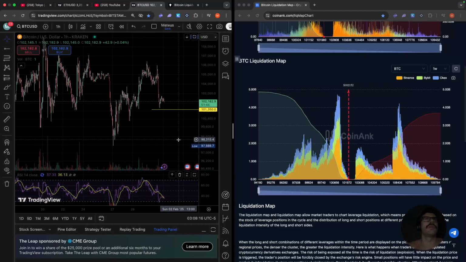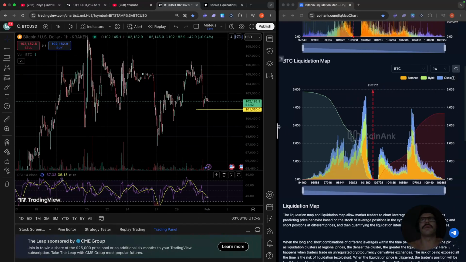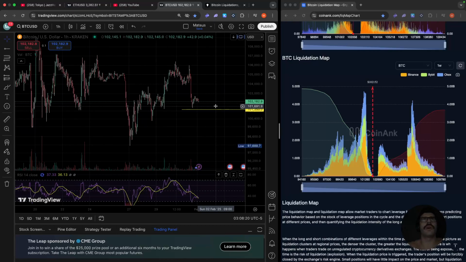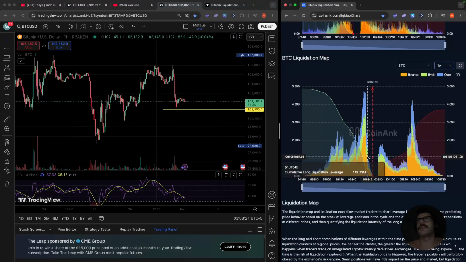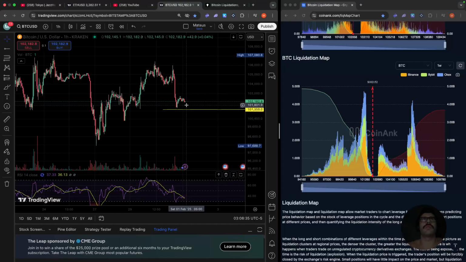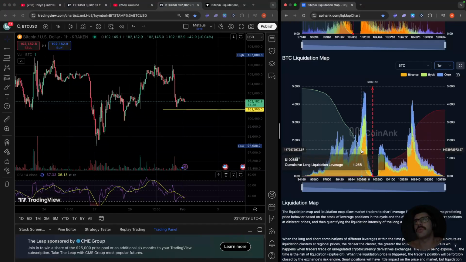And what can happen is, if the price touches this line, automatically all of these people that are long, the exchange is gonna force them to sell. It's automatic, they have no choice. And then when they sell, the price drops more and it's gonna start to liquidate all of these people here.